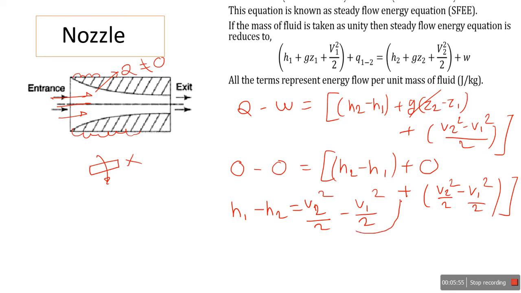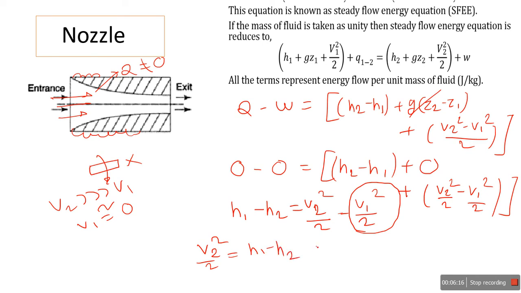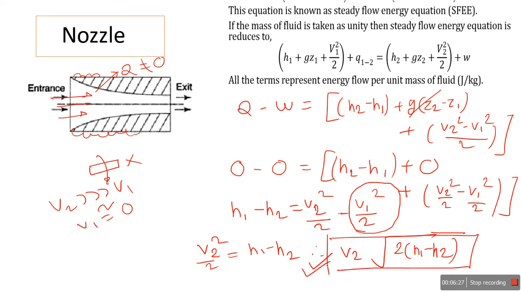If the inlet velocity V1 is very small compared to V2, I assume V1 is approximately 0. So the equation becomes V2 square by 2 equals H1 minus H2. Therefore V2 equals the square root of 2 times (H1 minus H2). That is the steady flow energy equation for the nozzle.